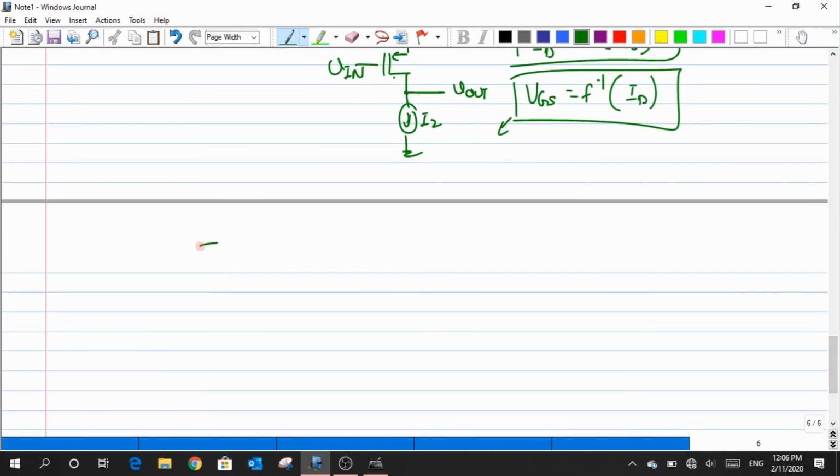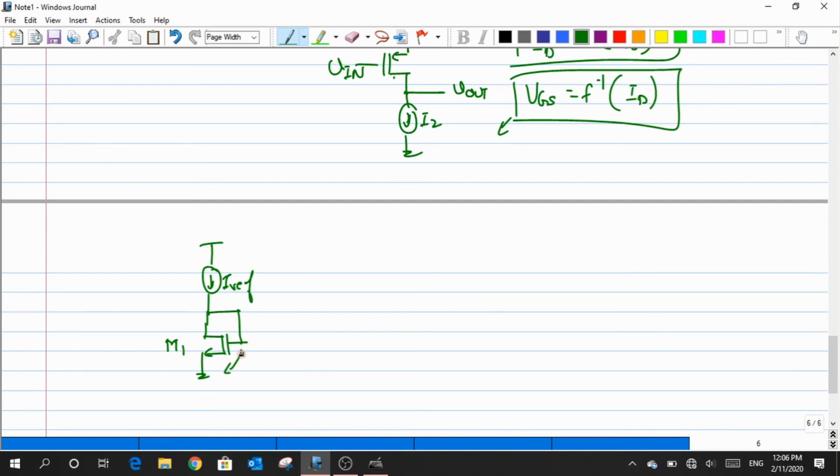So let me take an I reference, and I am passing this I reference through some sort of transistor, but this transistor is being diode connected. Now when I try to force a current through this particular transistor, say for example M1, what happens to the value of VGS here?